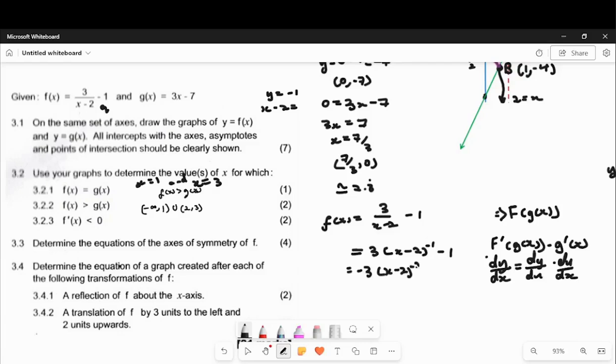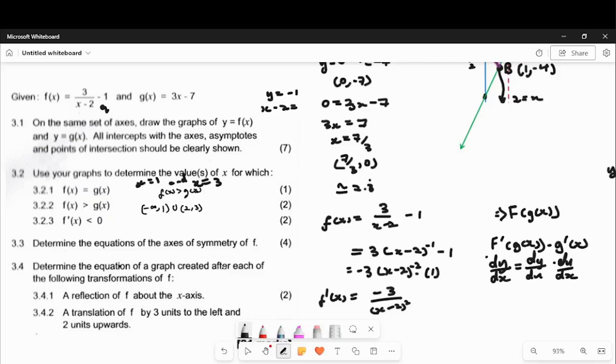The derivative of a constant is just 0, and then we multiply this by the derivative of this internal function, which is just the value 1. So f prime of x equals negative 3 divided by (x minus 2) squared. So that's how we derive this hyperbola.